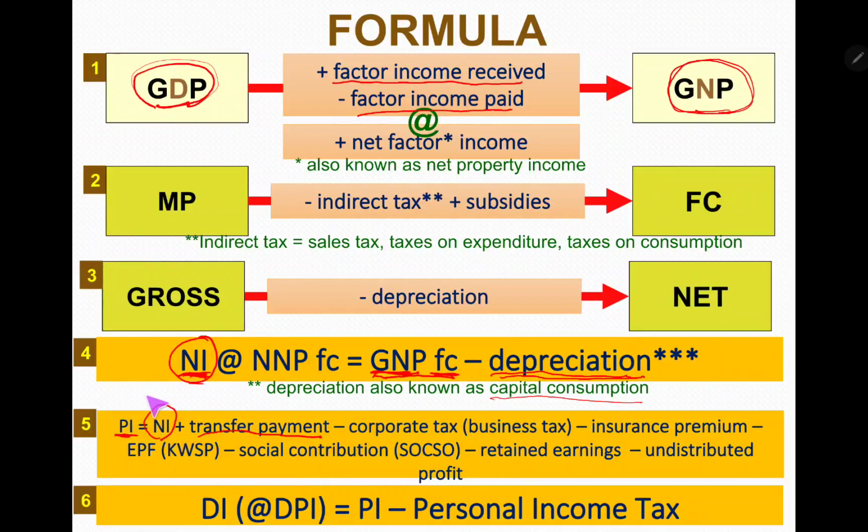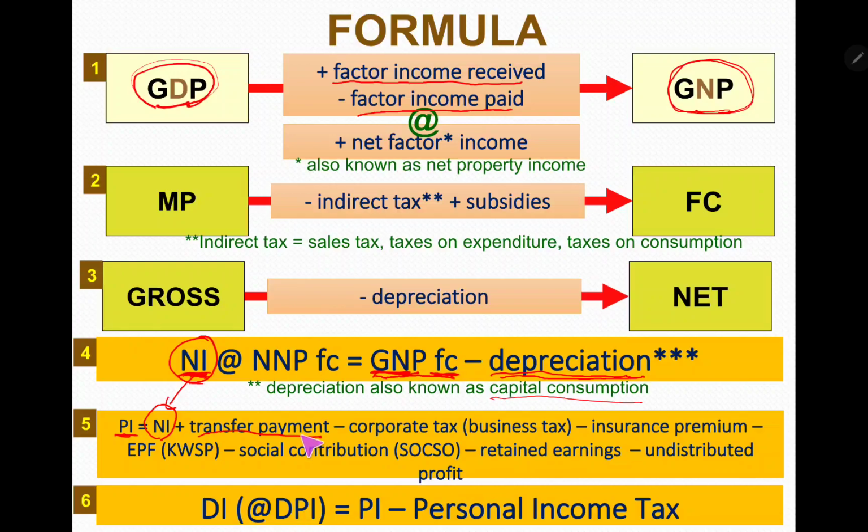So notice that to calculate your personal income, you must first solve your national income, because you need the value of your national income inside your personal income. So solve your national income, then the value you put under this personal income, and you will plus only one item, which is the transfer payment.